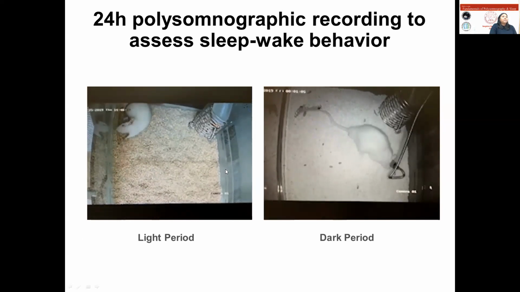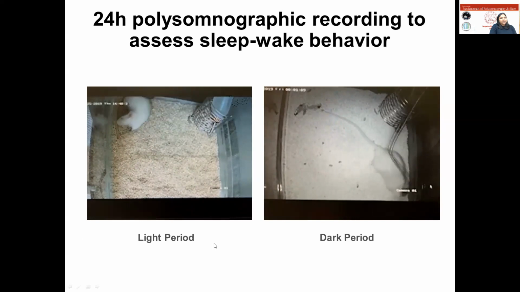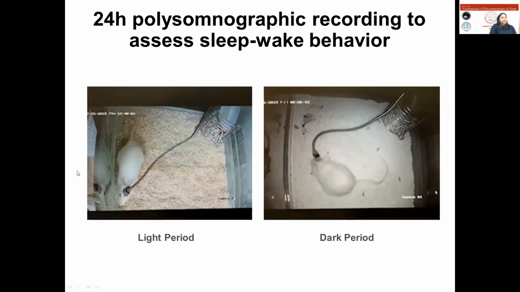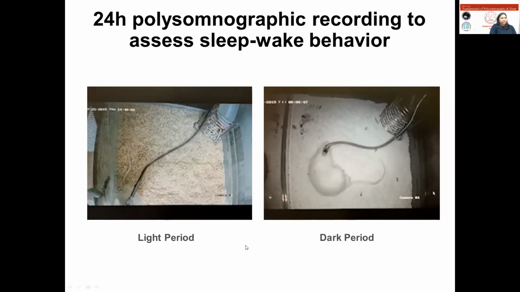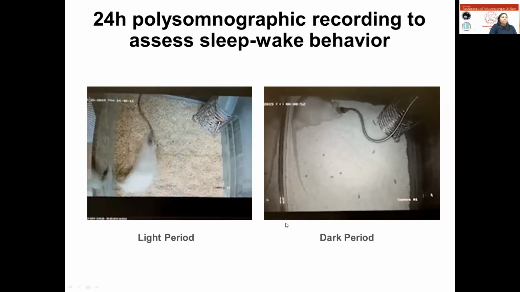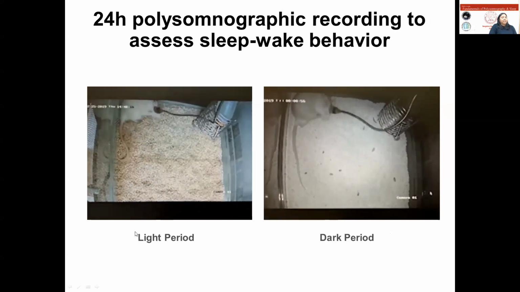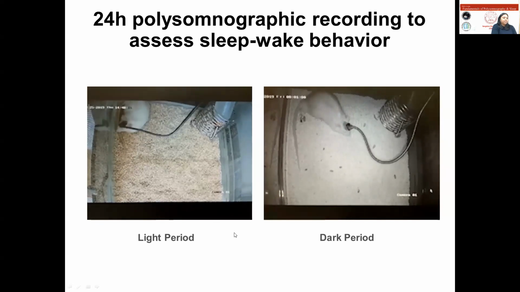Along with EEG recording, the animal is video monitored constantly, so that if we find some artifacts, we can confirm that during the scoring procedure. We use an IR camera, so in the absence of light, when the animal is maintained in darkness, we are able to observe the behavior.